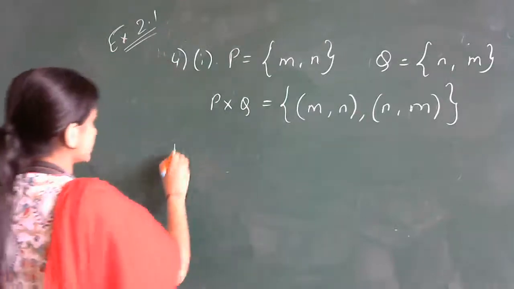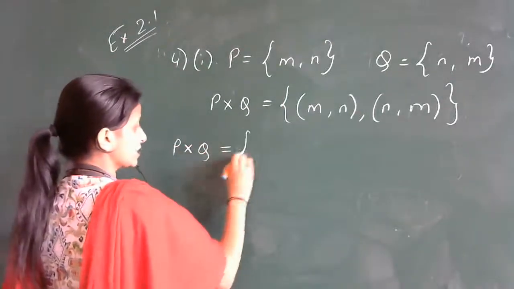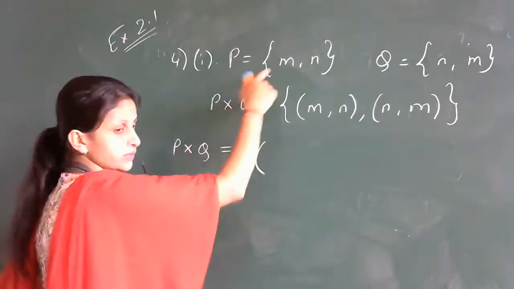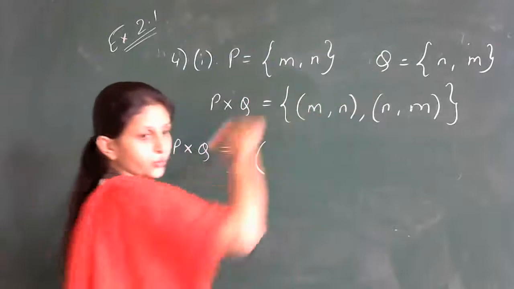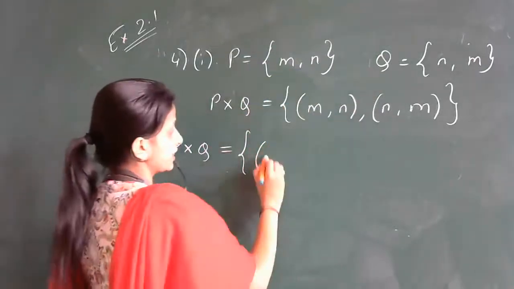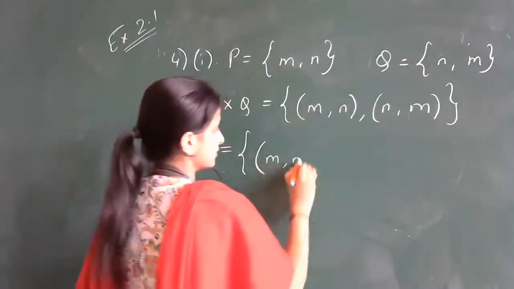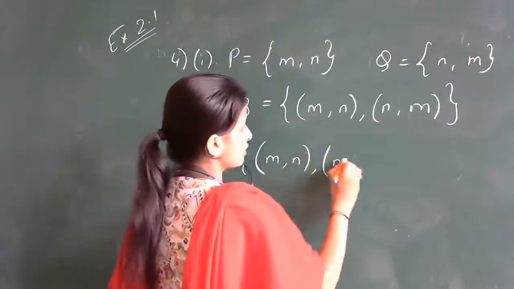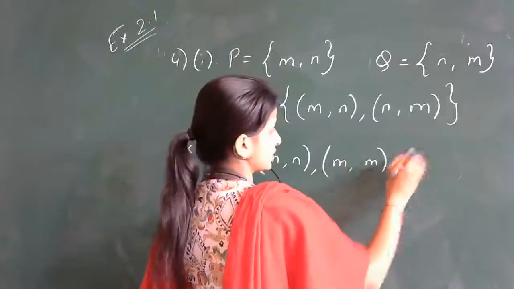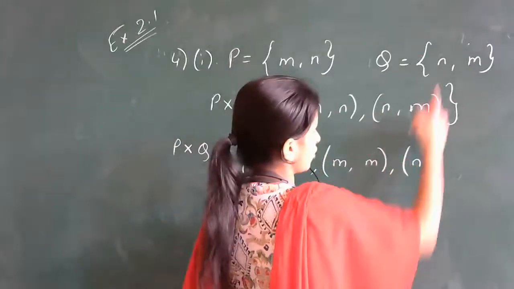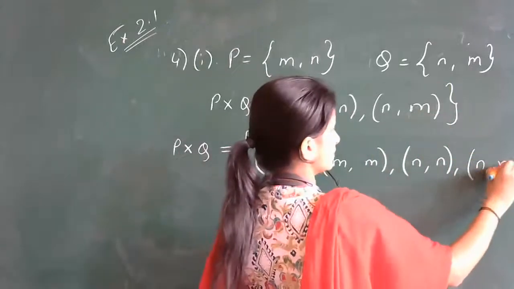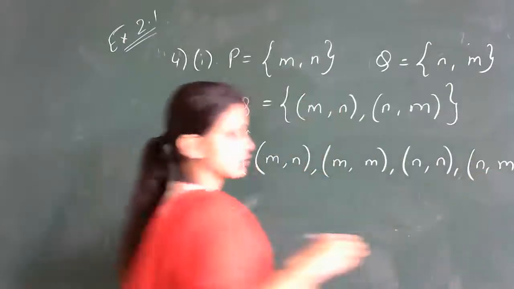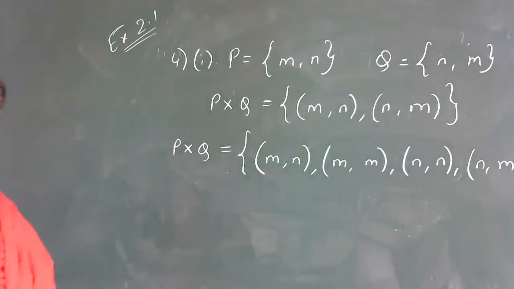So let us see what is the right one. So we have to write now what is P cross Q. Let us start with P now. First element should be taken from P and second element should be taken from Q. So first element M, N. Next M, M. Next N, N. Last N, M. So this is the right statement.